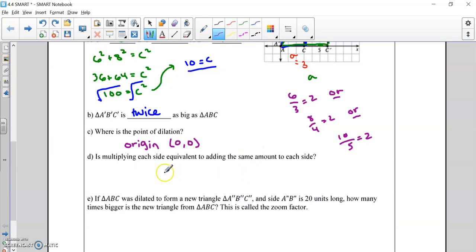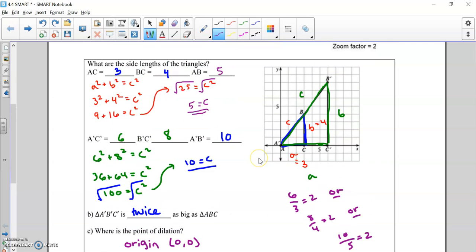And part D is asking if multiplying each side is equivalent to adding the same amount to each side. If we think about that, if we added 2 to this side, that was 3, and we also added 2 to this side, that was 4, we would not end up with the same answer. It would not end up the same at all.